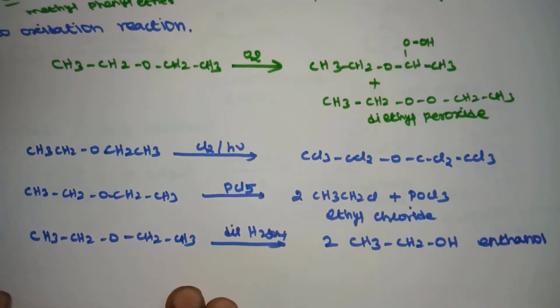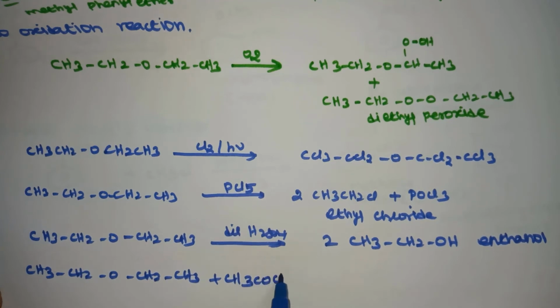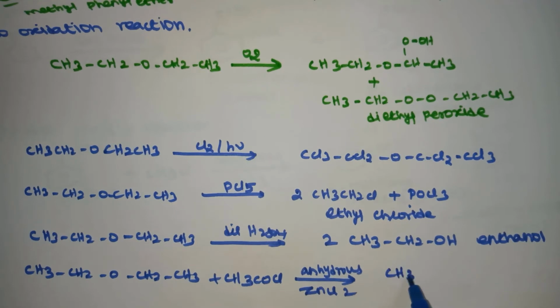Last one, diethyl ether reacts with acetyl chloride. CH3CH2OCH2CH3 is diethyl ether. It reacts with acetyl chloride, CH3COCl, in the presence of anhydrous zinc chloride to form ethyl chloride, and ester formation takes place.